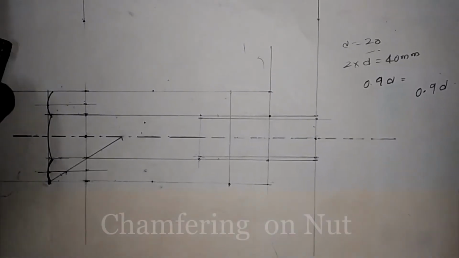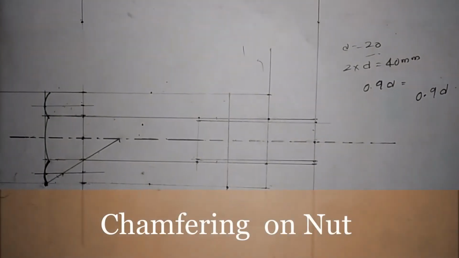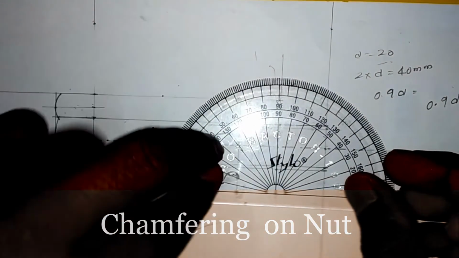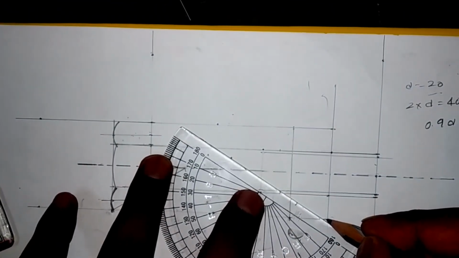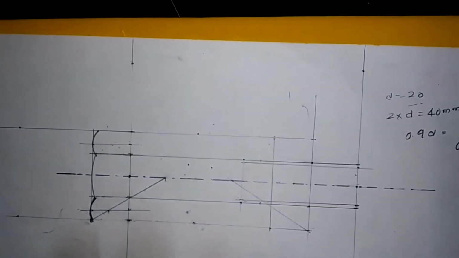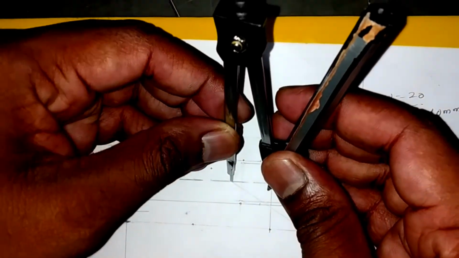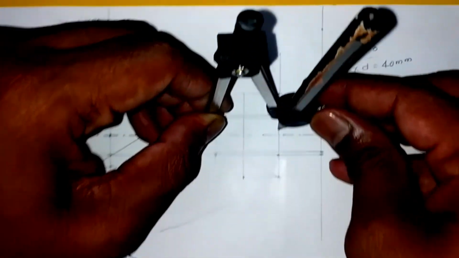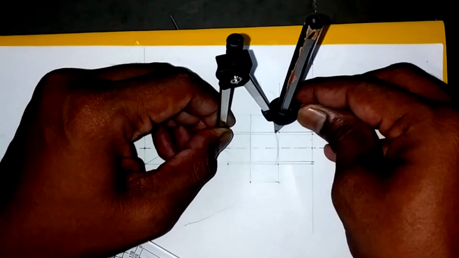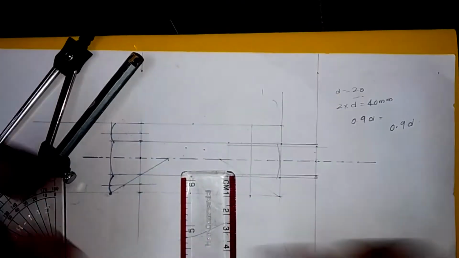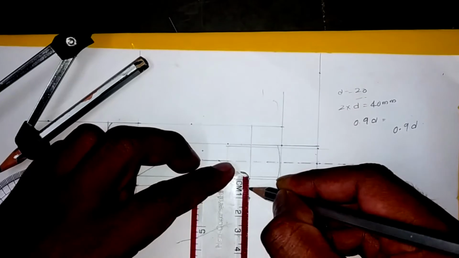Now we'll draw the chamfering on the nut as we have drawn it on the bolt portion. Similarly, I'll be taking a 30 degree angle. Now, as we had drawn it earlier, I'll take half the distance of this portion and mark the point.